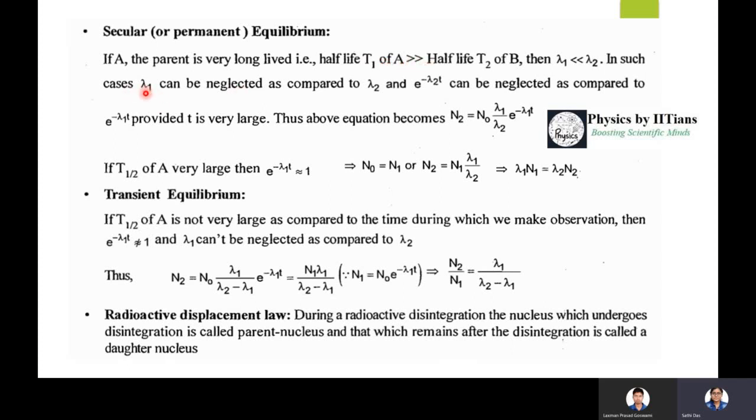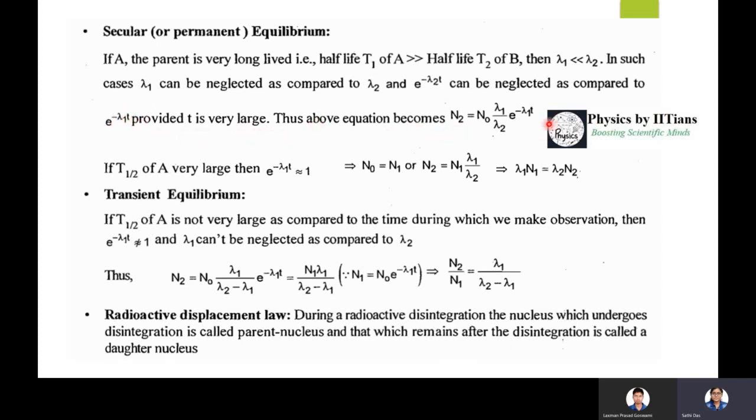So lambda 1, being a very small quantity, can be neglected compared to lambda 2, and e to the power minus lambda 1 t can be neglected provided t is very large.